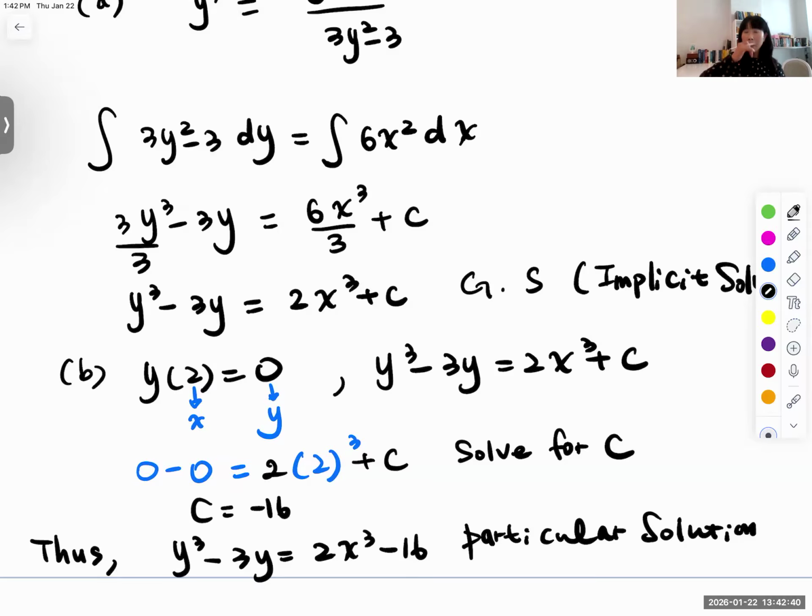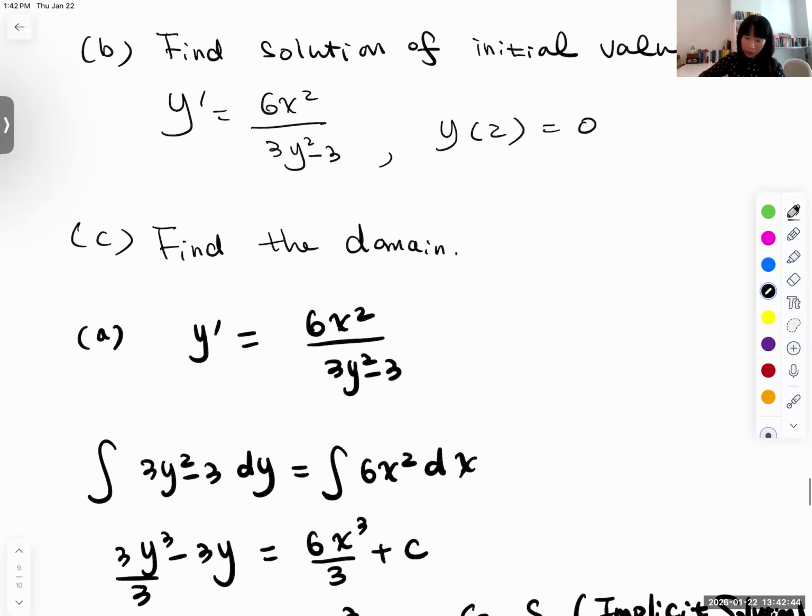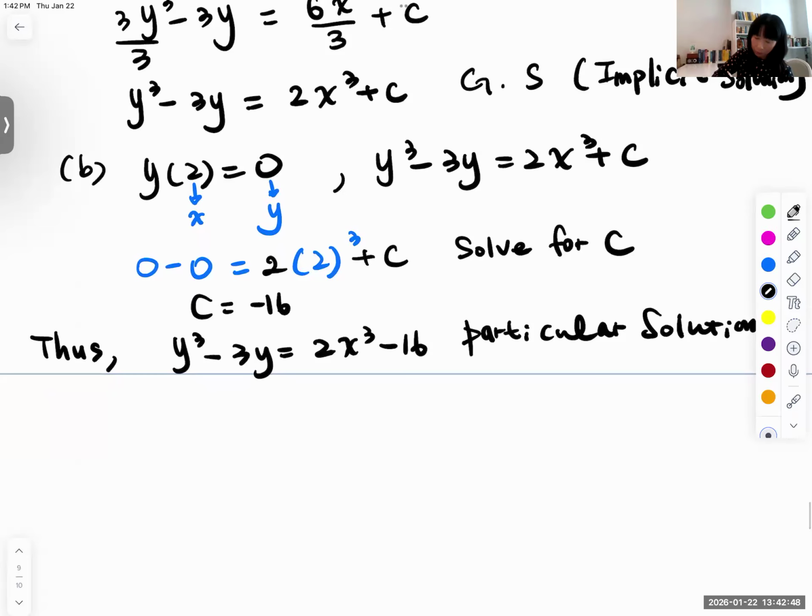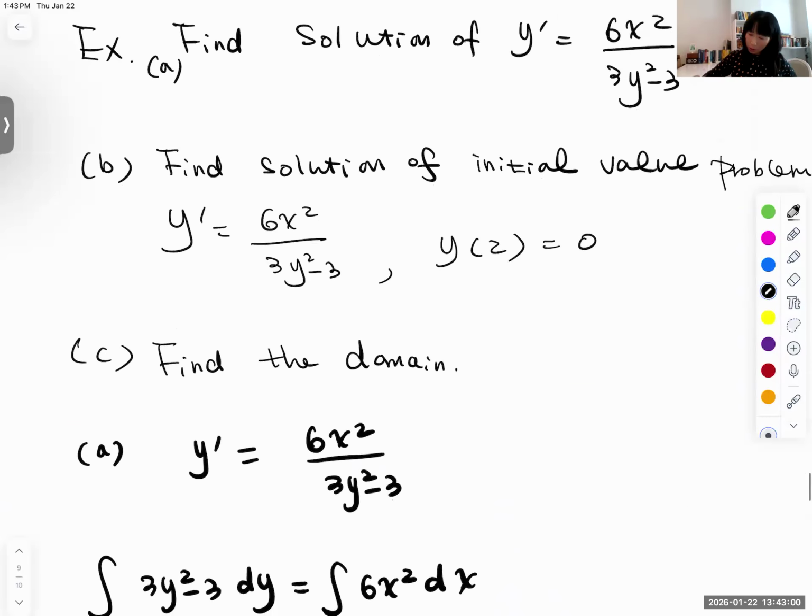Okay, now we want to find the domain. Yeah, find the domain. Okay, so we had differential equation y prime, the original problem, right?